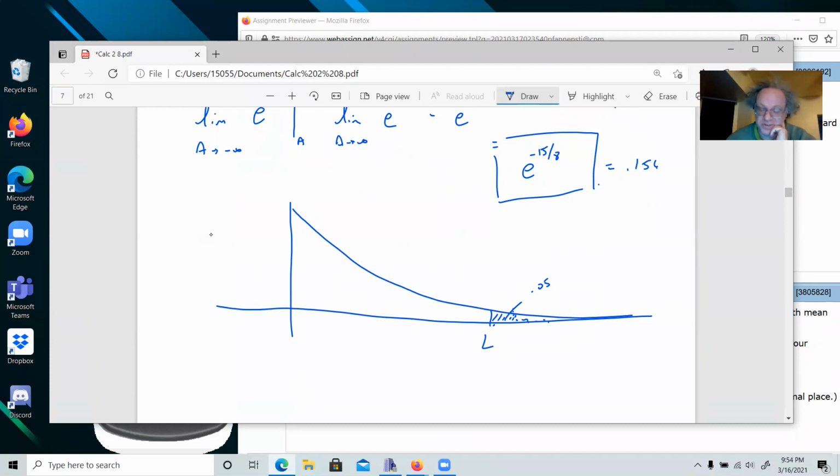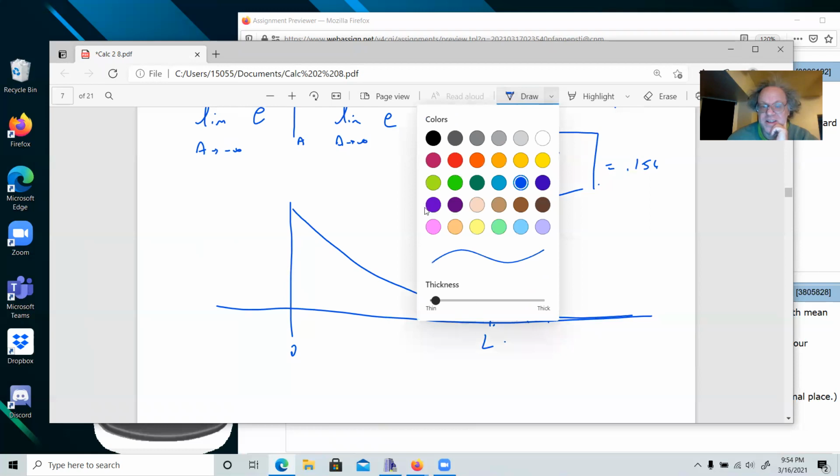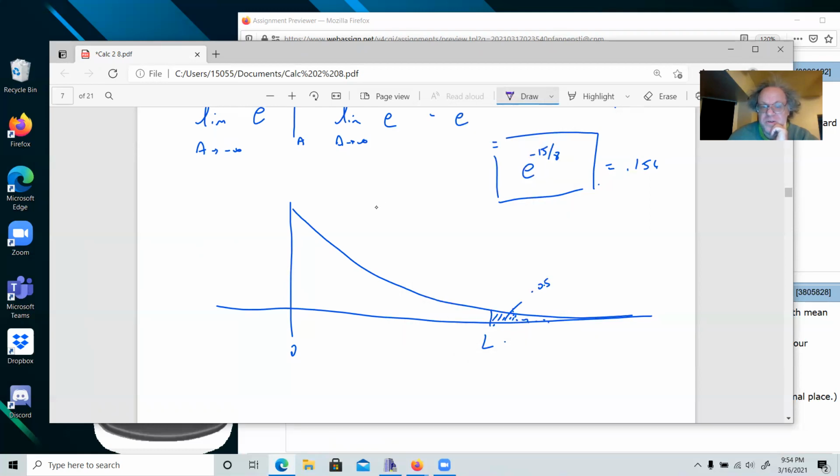Now there are two ways to do this. We can go from 0 to L. If this is 5% and the whole thing has to integrate out to 1, what does the purple have to add up to? That's going to be 0.95. So it is entirely up to you how you set this problem up.